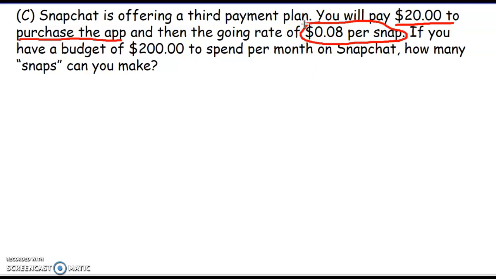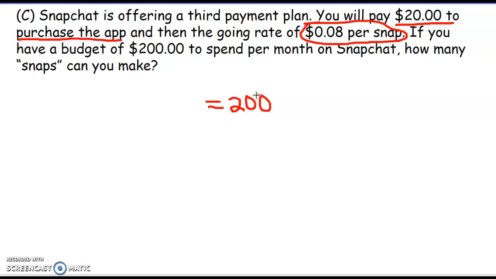Okay, that's important information as well. That's how much it is per snap. I have a budget of $200. What that means is no matter how many snaps I make, it has to only total $200. That's all I have to spend is $200 per month on Snapchat.